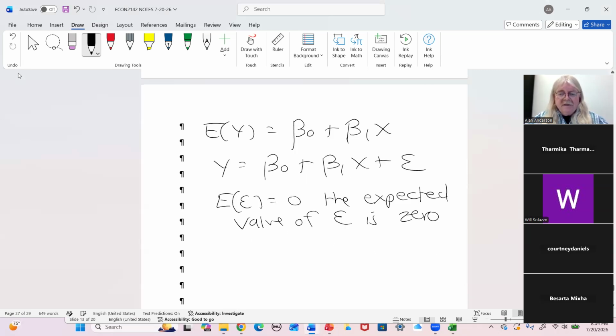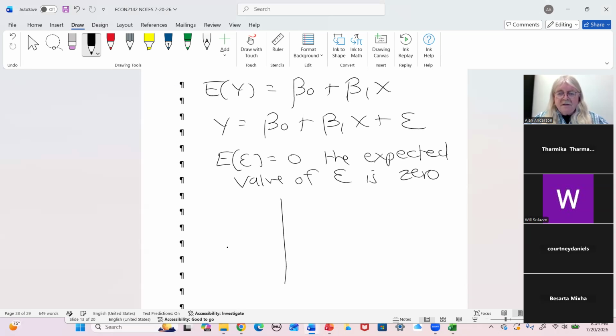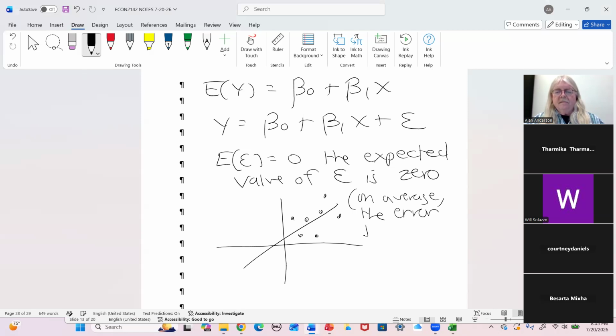Sometimes it's positive and sometimes it's negative. They cancel each other out on average. Okay, so while there are error terms all over the place, some of them positive, some negative, on average, they add up to 0. That's what this means. If they don't, then there's something wrong.